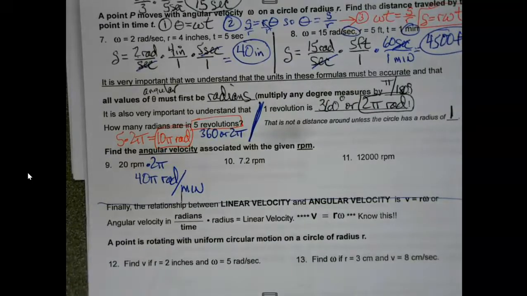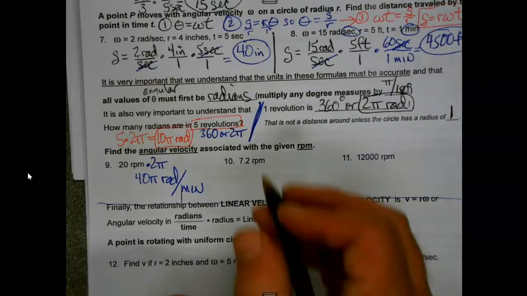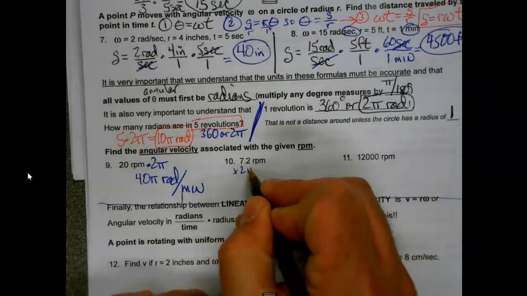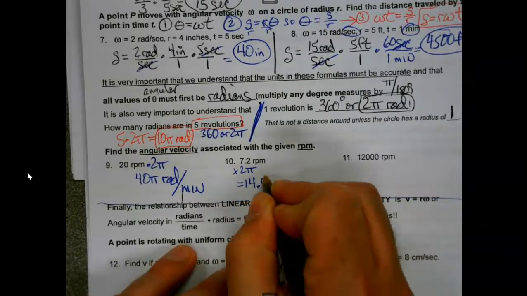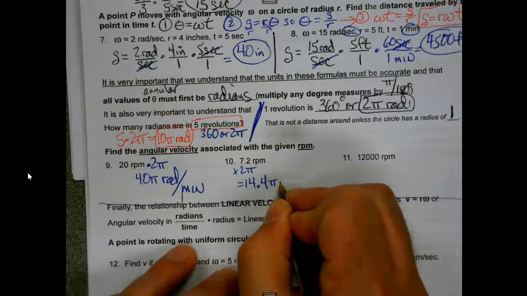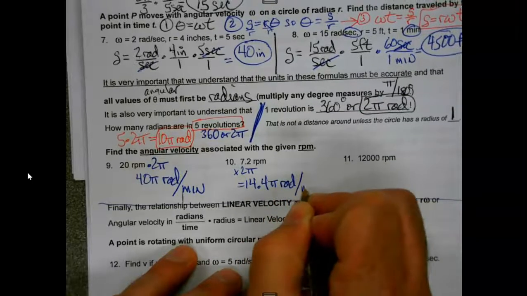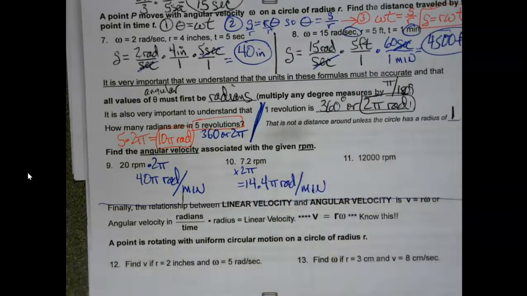So no matter what the RPM is, decimal, huge number, little number, you're just multiplying by 2 pi and going to radians per minute.